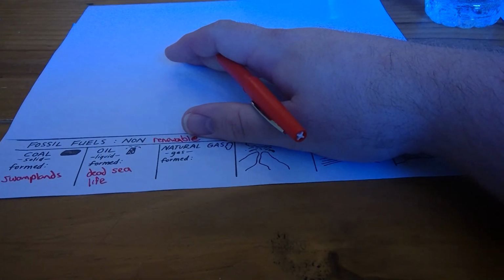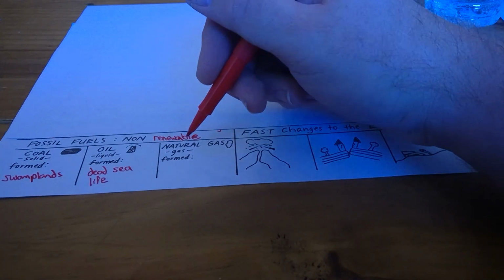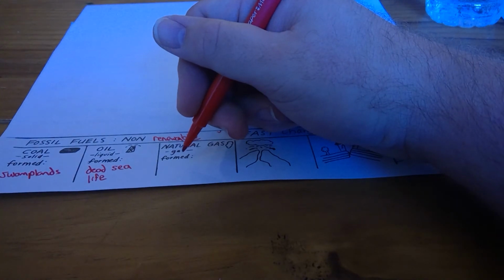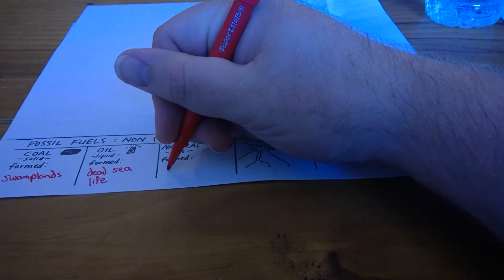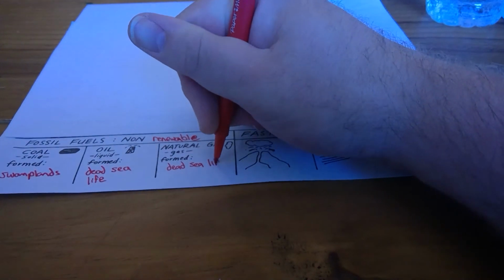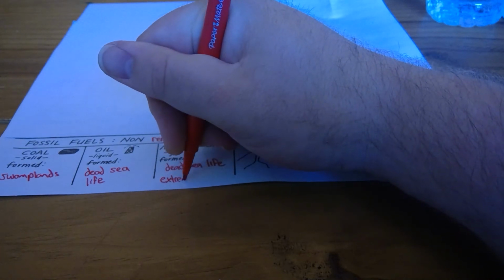Okay, that would include the animals and the plants in the sea. Natural gas, another type of fossil fuel. And the natural gas, again, we think this is dead sea life exposed to extreme heat.